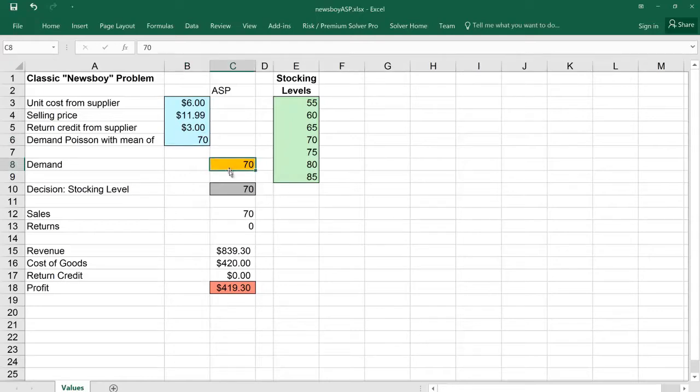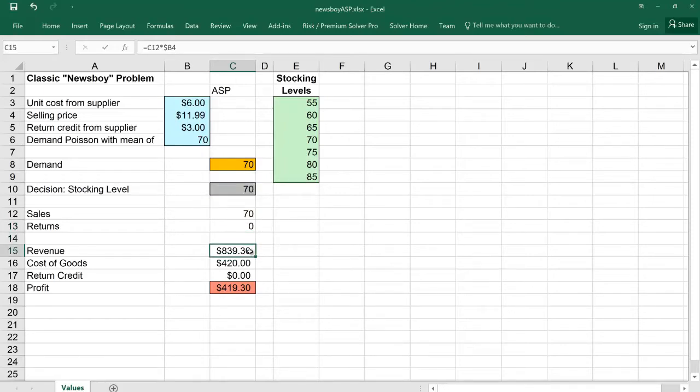Now, let's pretend that on a particular day demand is 70. We're going to calculate the profit if he has in stock 70 units. In that case, the sales is going to be the minimum between those two numbers, and in this case they're equal. There are not going to be any returns.